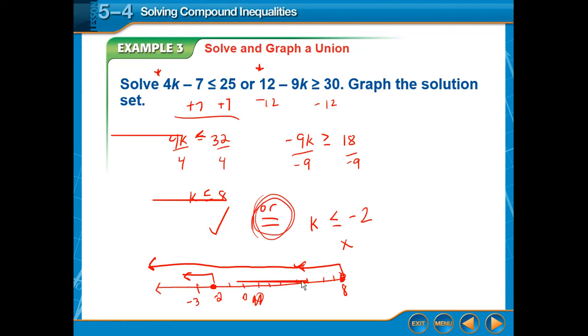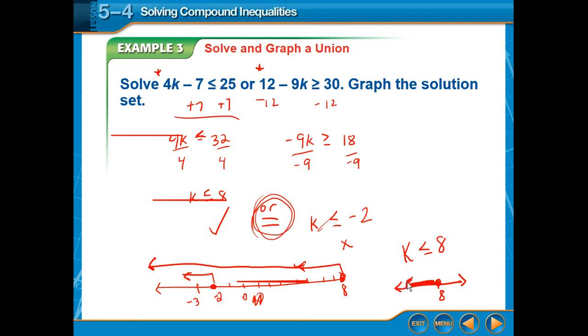So that means my final solution is going to be anything less than or equal to 8. That overpowers this other one. So my final answer is just k is less than or equal to 8. And when I graph it, I'm just going to do from 8 and then go the other way.